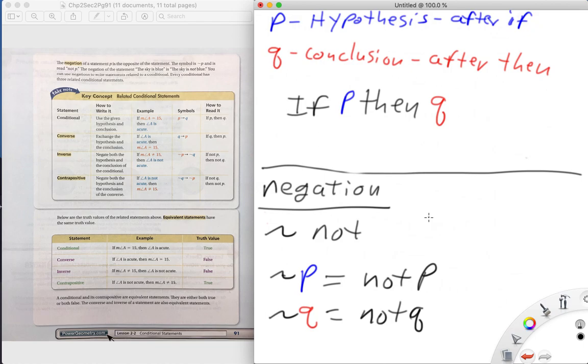So if my initial hypothesis was if I didn't walk, then the negation would be if I did walk. So it's always going to be the opposite of the part of the statement that we say. It's the opposite statement.